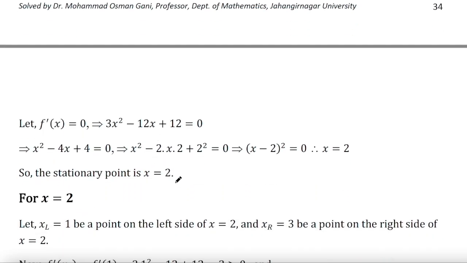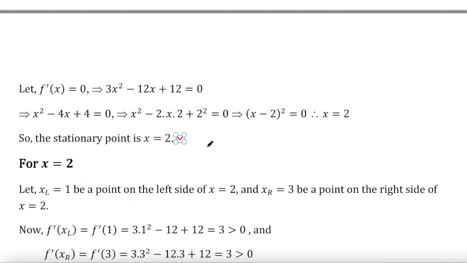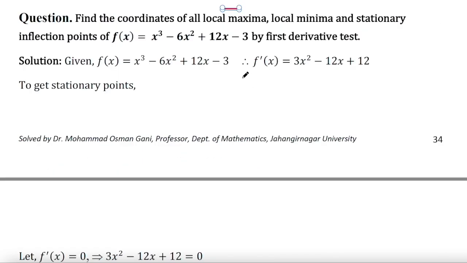There is only one stationary point, x equal to 2, and at x equal to 2, the second derivative will be 0. This is the first derivative, so the second derivative will be 6x minus 12. Now if you put 2 in the second derivative, f double prime 2 is equal to 12 minus 12, which is 0.